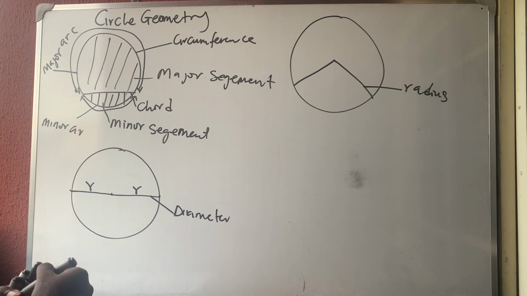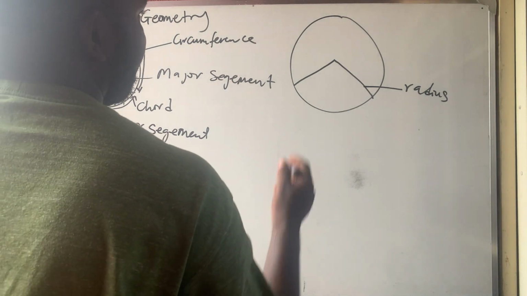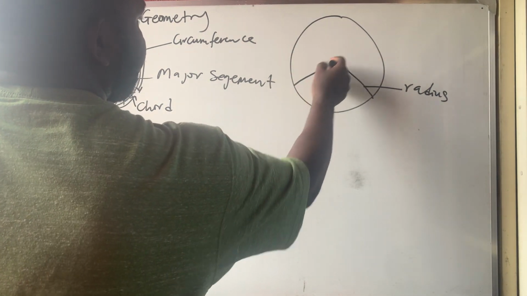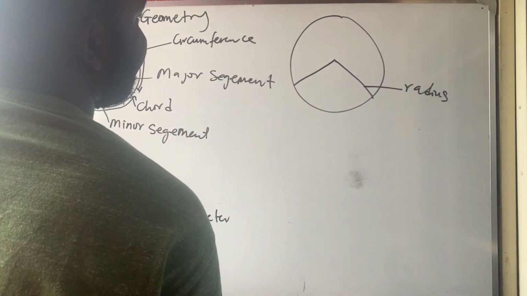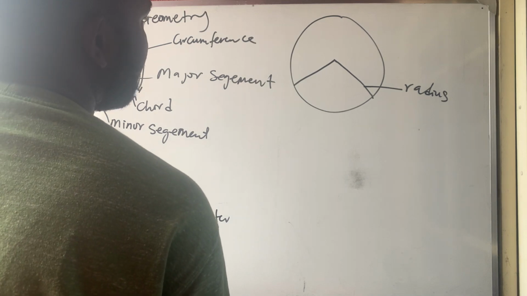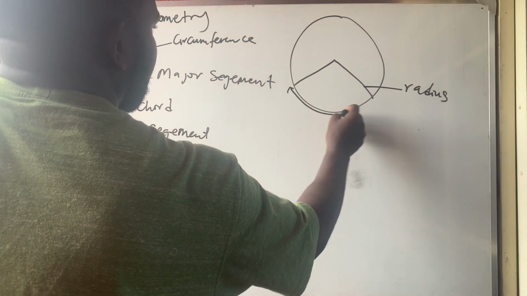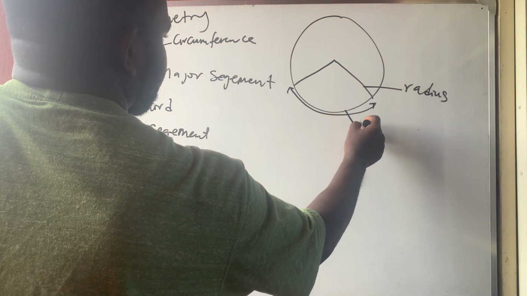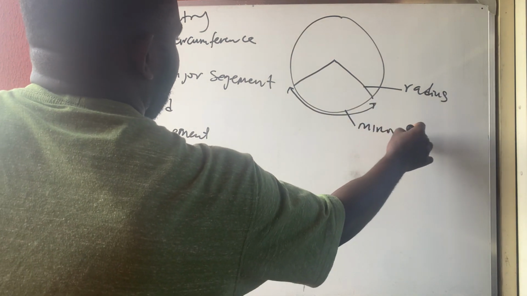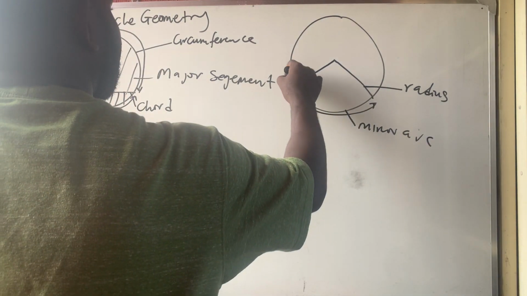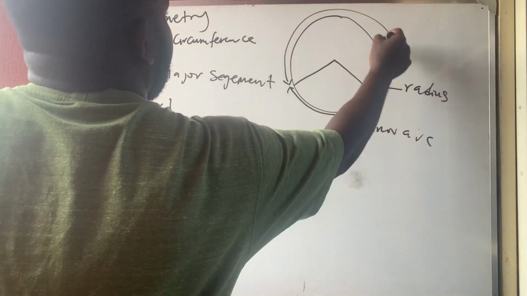Another thing you need to know is that when you have two radii, the line from here to here is equally called the minor arc as well, while the big one is called the major arc.